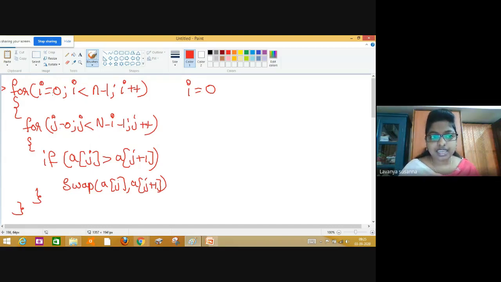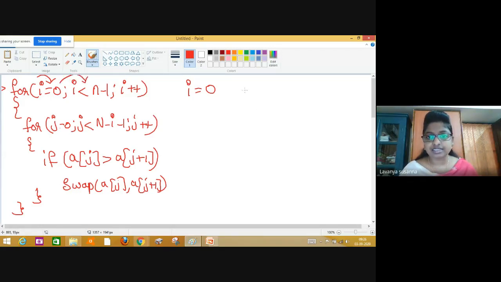Here, i equal to 0. Comparison is done up to n minus 1, i less than n minus 1. Let us see it. When i equal to 0, first control comes to this statement. i equal to 0 will be executed. Next, control goes to the condition check.